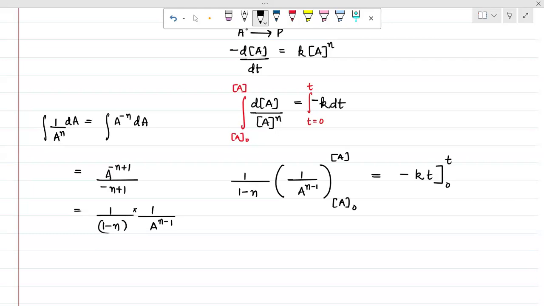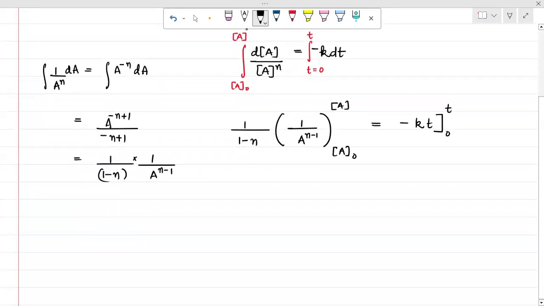Now I'll take this 1 minus n to the other side. On the left it is divided by 1 minus n; on the right it becomes into 1 minus n, and there is already a negative over here.